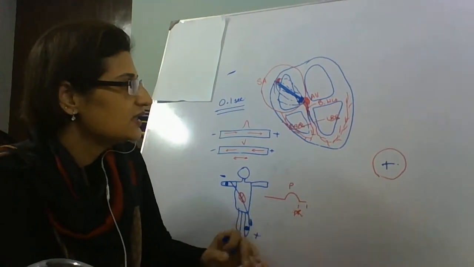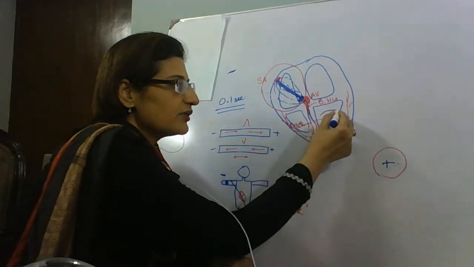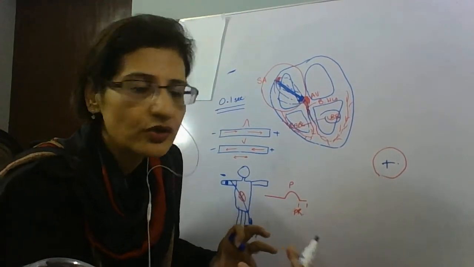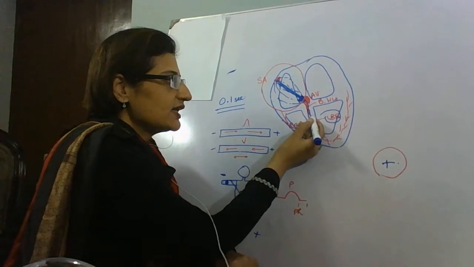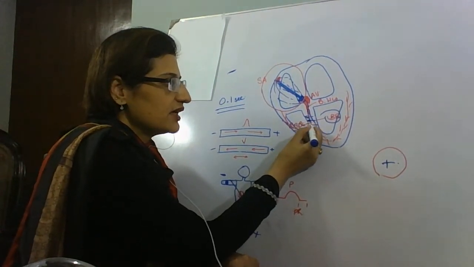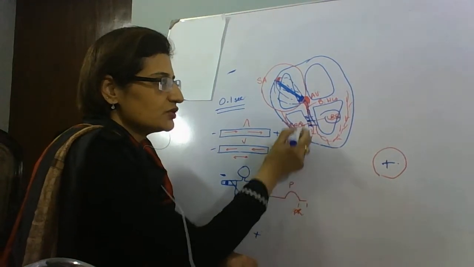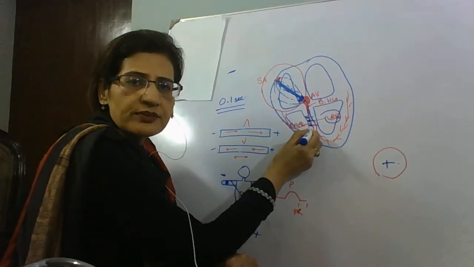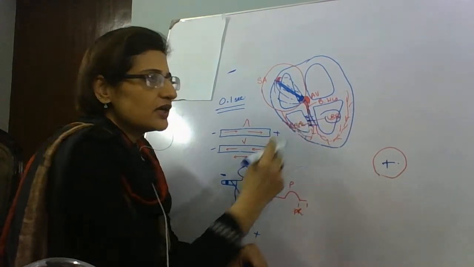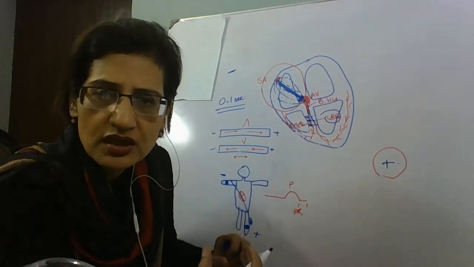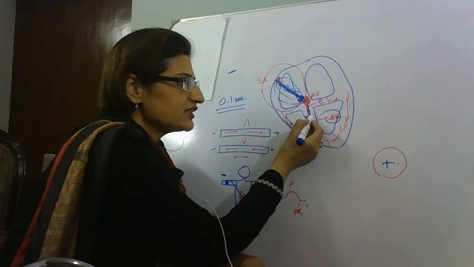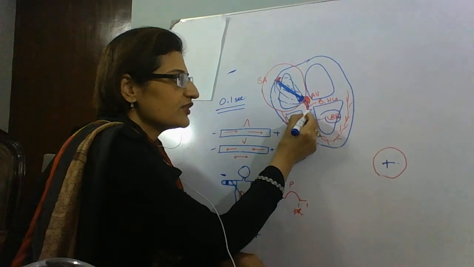So basically, the left bundle branch predominates in a way that it sort of creates a net vector in this fashion. So the right bundle is also conducting impulses, the left bundle is also conducting impulses, but since the left bundle is more predominant, the net vector is in this fashion.